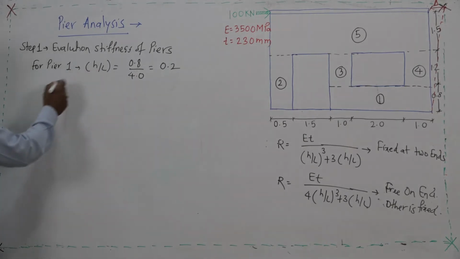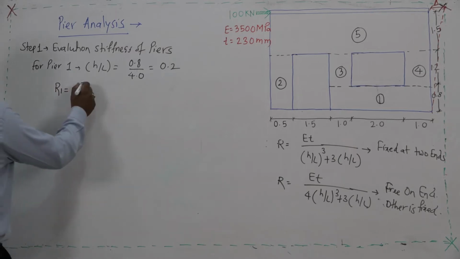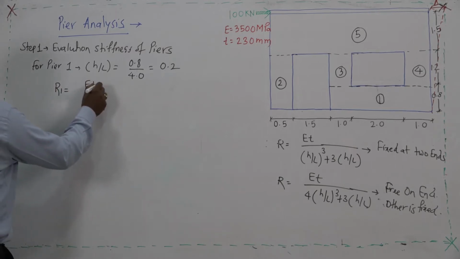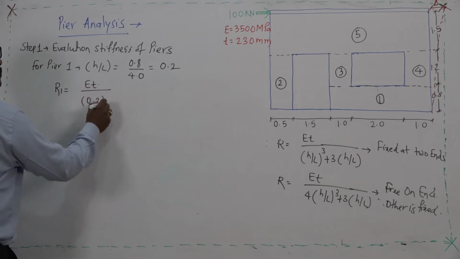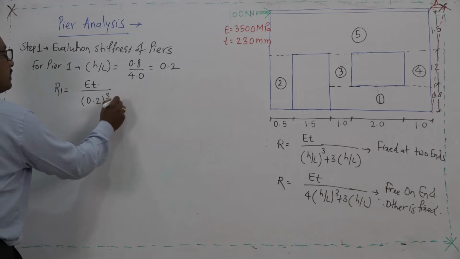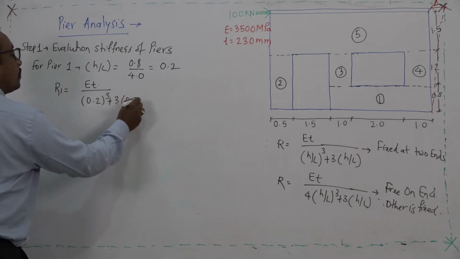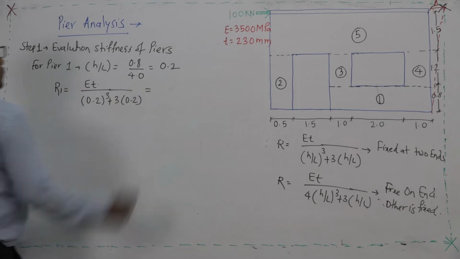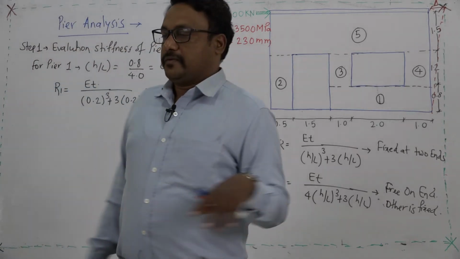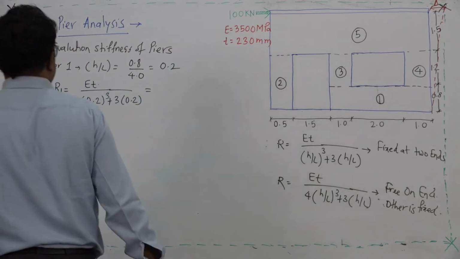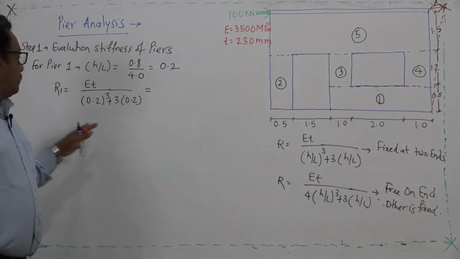So, I can compute the value of R 1, in terms of E t only. So, E t divided by 0.2 cube plus 3 times 0.2. So, this will be the stiffness of the pier 1 in terms of E t value.